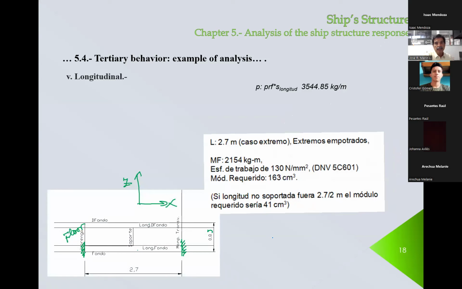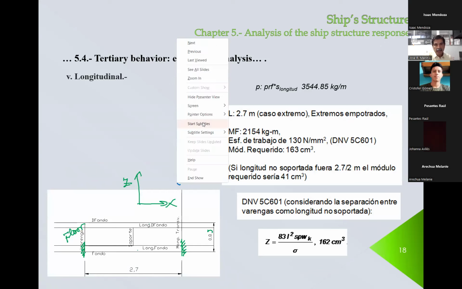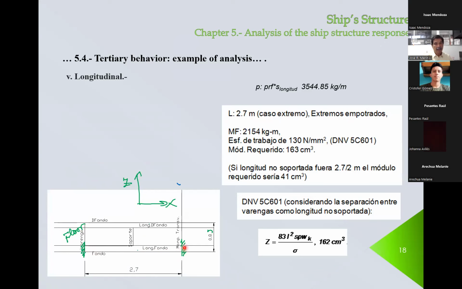Then we go to the longitudinals. In a simple way, we can consider them like a beam clamped at each one of the transverses, because this is a longitudinal framing system. The longitudinals are smaller, and they are supported by the transverse.